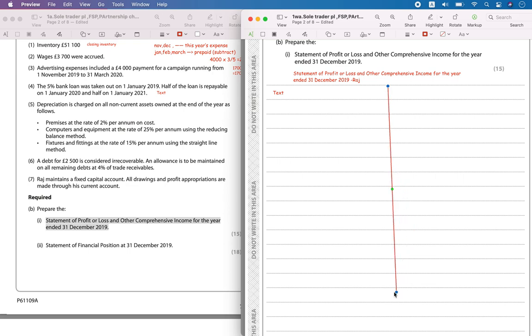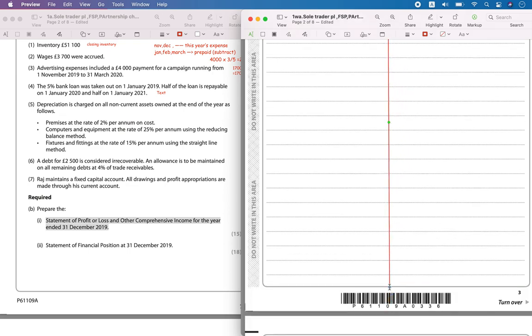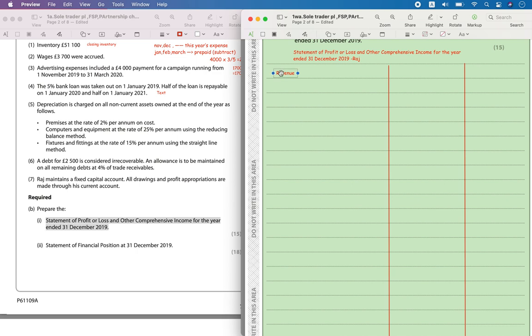So let's start off with revenue. I'm going to divide into 3 columns before starting. First one is the revenue.